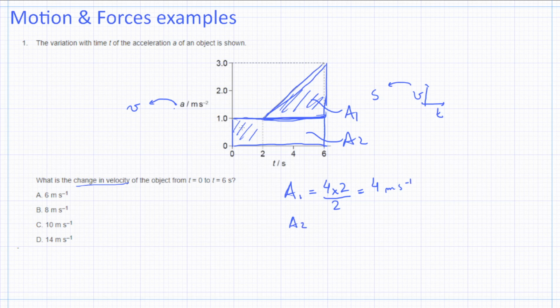Second area, which is this rectangle down here, our base is 6 and our height is 1. Since it's a rectangle, we don't do anything besides multiplying those two. If we add those two areas, they add up to 10.